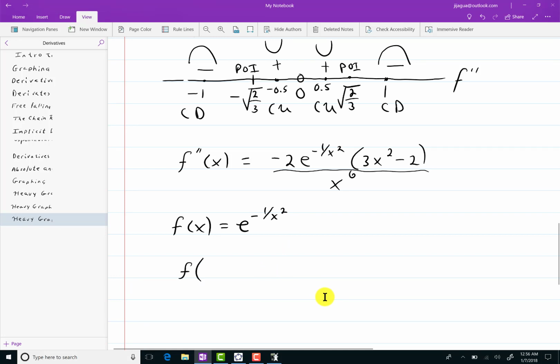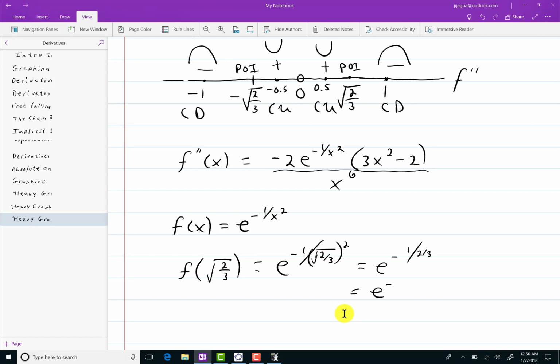F of the square root of 2/3 equals e to the -1 divided by the square root of 2/3, but that thing is squared. And I believe that will then be e to the -1 over 2/3, which equals e to the -3/2.